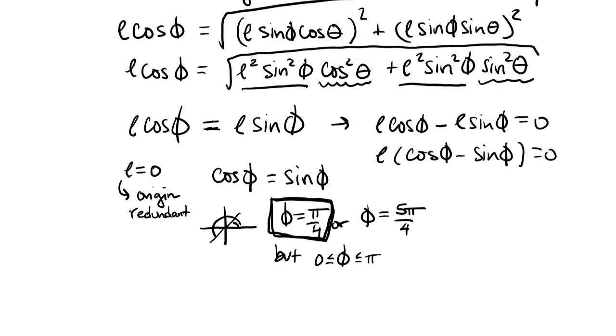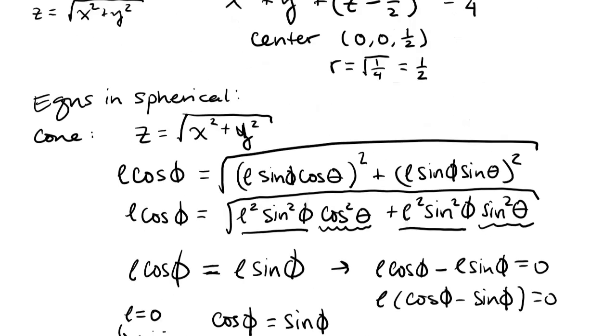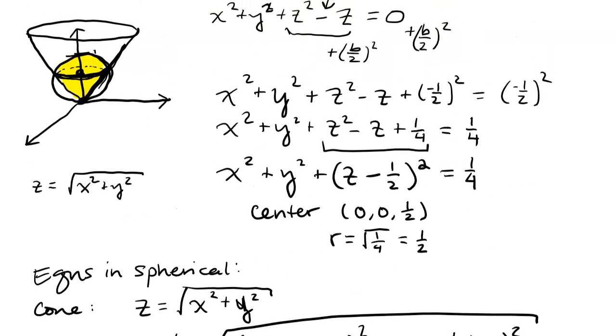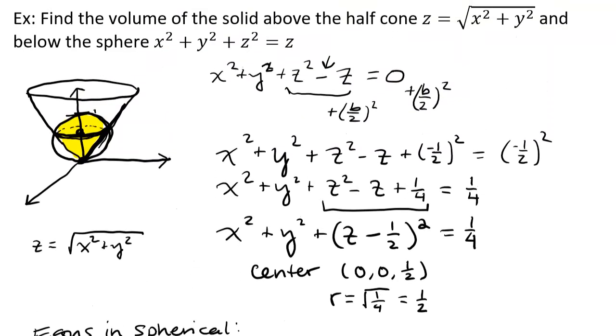So then we can take a look at our sphere. Let's go back to looking at the sphere. Let's do it from right here, where we had moved everything to one side. We don't really need the completed the square version because that just helped us graph it. Rather, if we think about plugging in things for spherical coordinates, using that top one is going to be better.